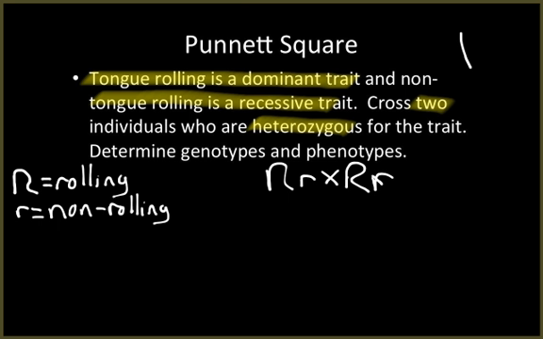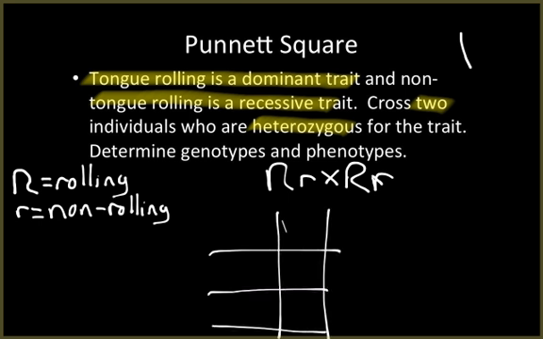Okay? So let's go through that step by step. Now remember, when you draw out your Punnett square, you need 4 boxes. Just like that. And we're going to place each allele into each box. So big R, little r, we're going to place one letter here and one letter here. Now it doesn't matter which way you put it.